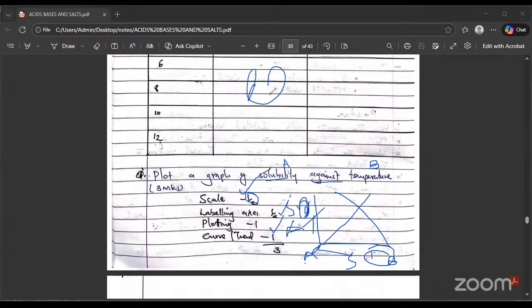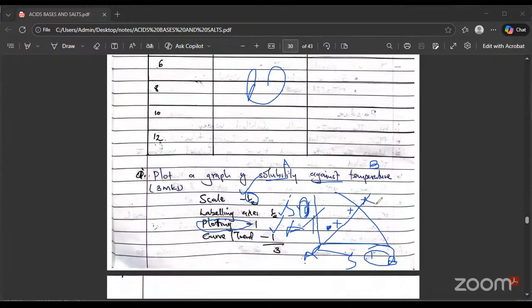Later on, you'll score for plotting, that is putting the x's. Let me just go back to plotting a little. When you are plotting, you don't use dots. Use the x.